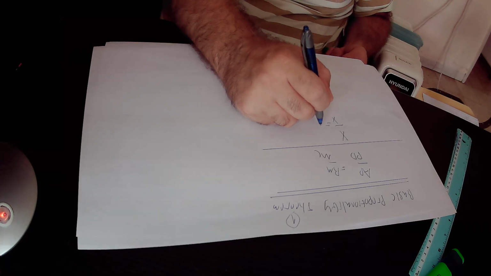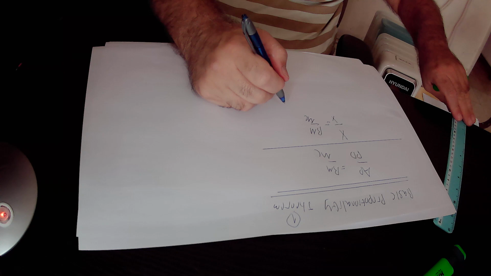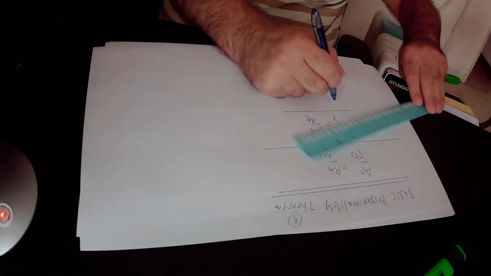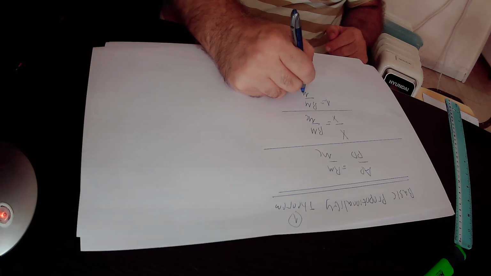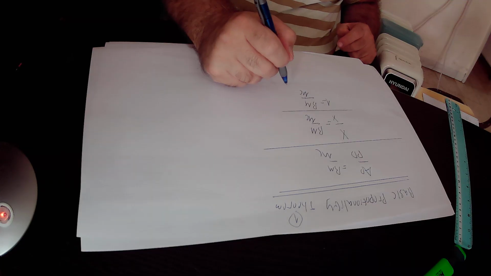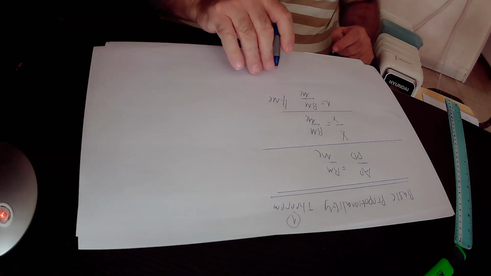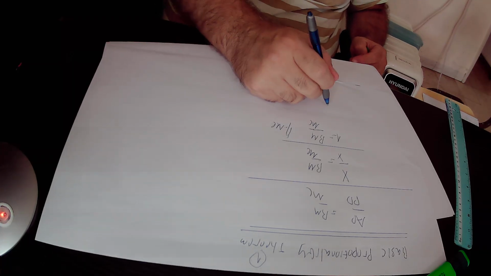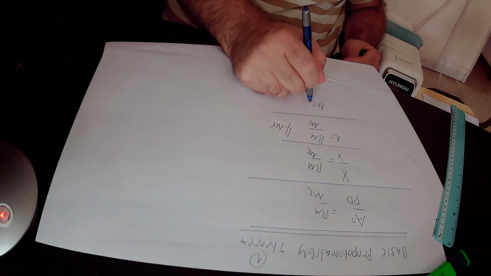So it is x over x equals BM over MC. X over x is 1, so 1 equals BM over MC. Here we will multiply this equation by MC, and finally we will get that MC equals BM.